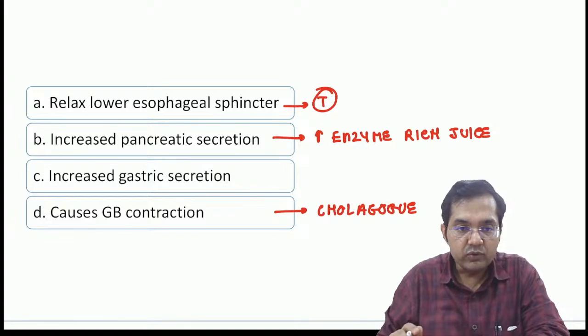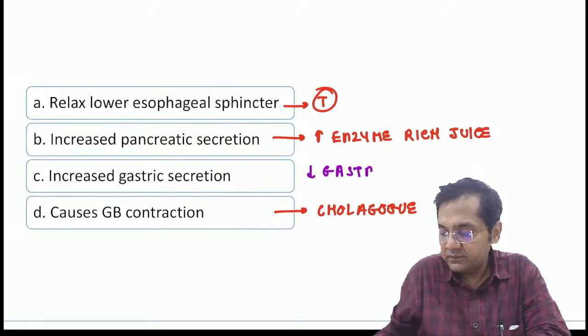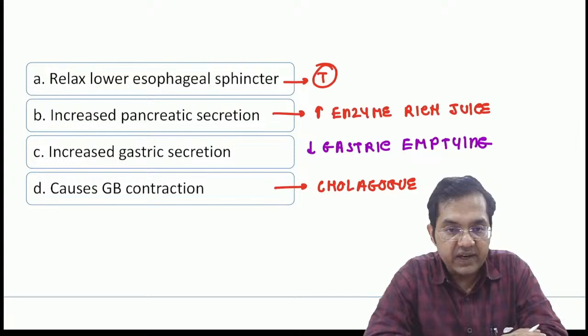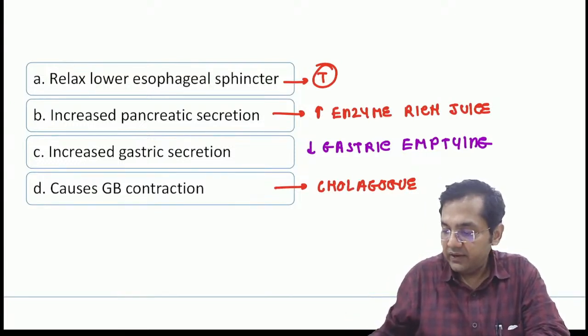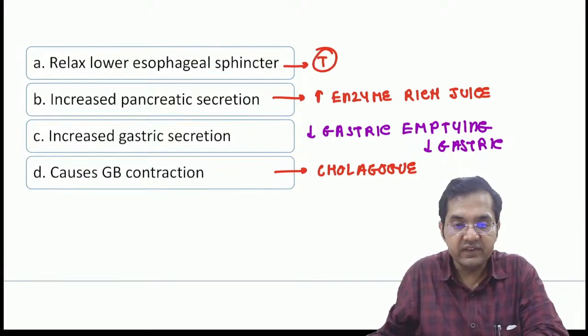So this was a difficult one because cholecystokinin actually decreases the gastric emptying, and it decreases the gastric emptying, thereby decreases the gastric secretions.